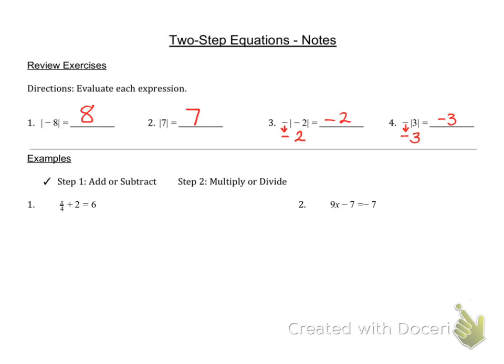So step 1 says add or subtract first. So looking at the left side of the equal sign, I'm going to draw a straight line down from the equal sign. We want to get the x variable all by itself. So first I want to get rid of that +2. So I'm going to subtract 2 on both sides.